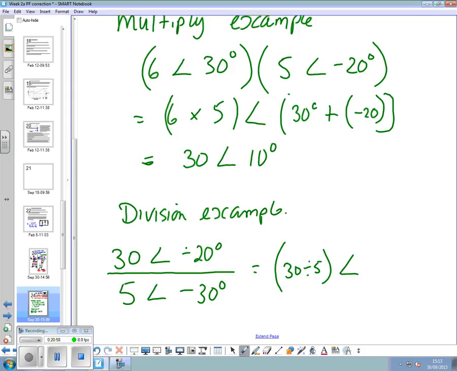An angle minus 20 minus 30. I deliberately picked that to make you cautious with your angles. So it's 30 divided by 5 is 6. Angle minus 20 minus 30 is, yeah, 10 degrees.